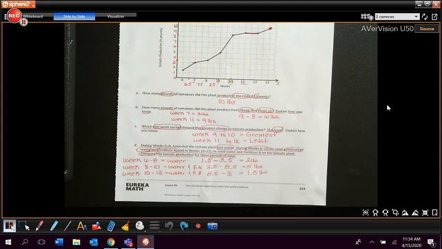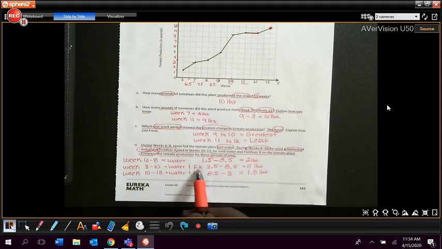So for this one, guys, we're just going to compare. What are some of the things just based on the information that you can tell me? Some of the observations I see, if I compare this information, is definitely that water and fertilizer A was what benefited the most because they had a 5-pound increase.